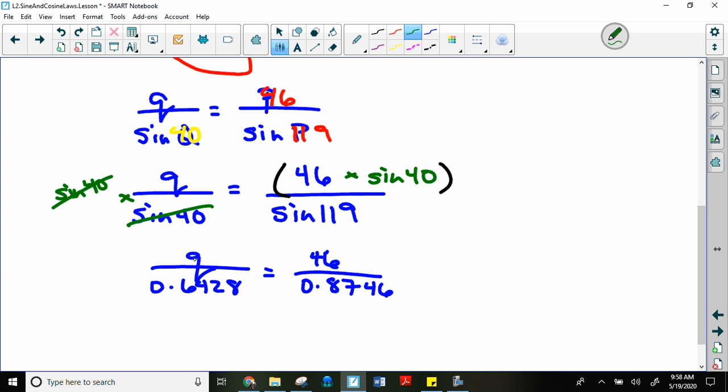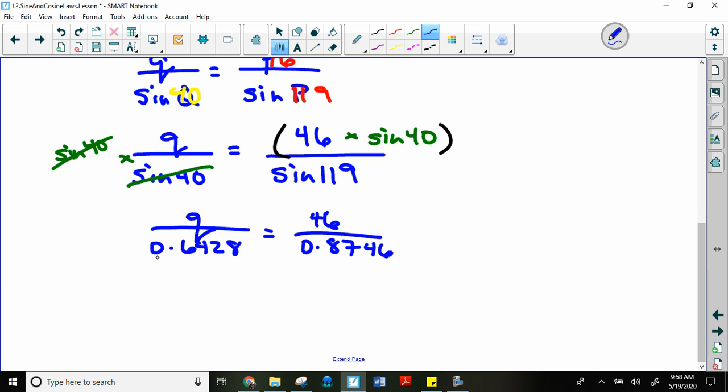So once we do this, we can solve this side of the fraction. So we get Q over 0.6428 equals 46 divided by 0.8746.